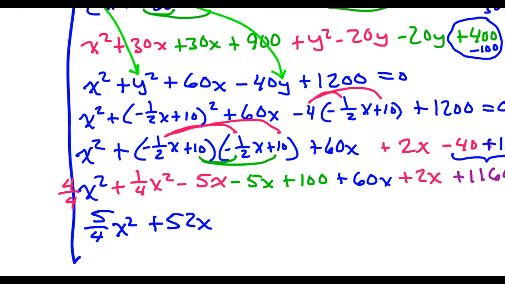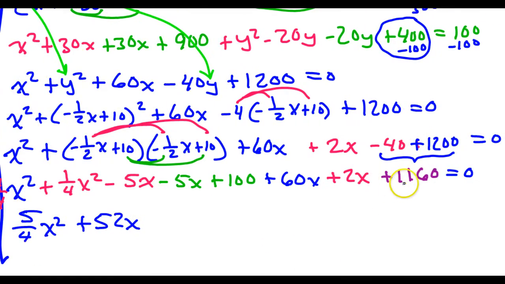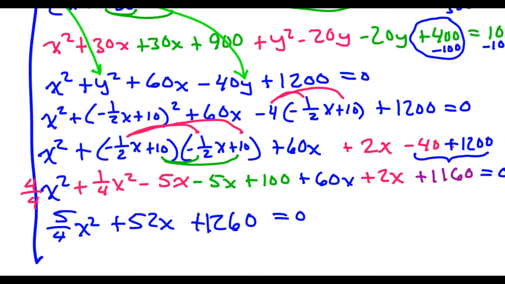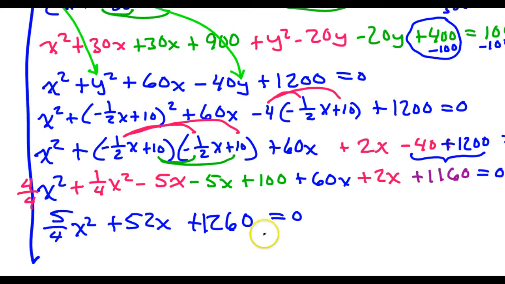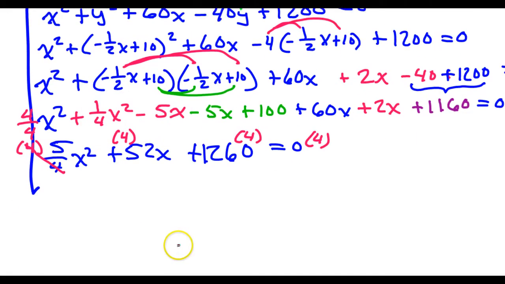Now it's time for the constants. I have this 1,160 plus 100, so it's 1,260. Is equal to 0. Alright, I'm not liking this fraction right here, so I usually will just multiply everything by the denominator real quick. Alright, so I'm multiplying everything by 4. That will cancel out these 4's.